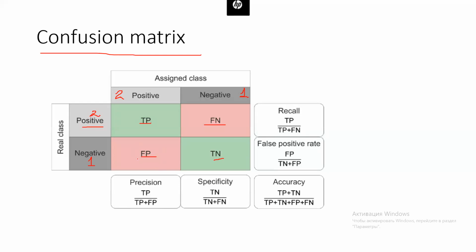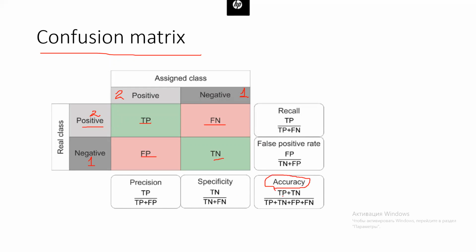So false positive is like if you say that someone has cancer when this patient doesn't have cancer. False negative is when you have real class 2, but your classifier said that you have class 1. The number of these errors will give you false negative. And using these 4 numbers, you may calculate several statistics which reflect the quality of your model. The most popular is accuracy.